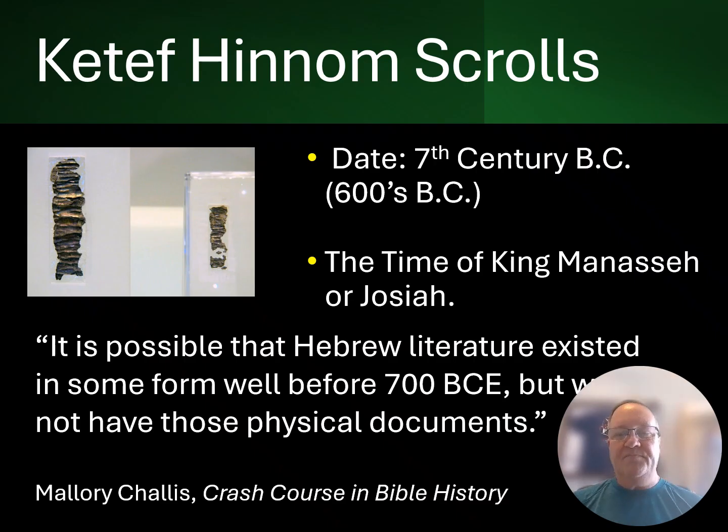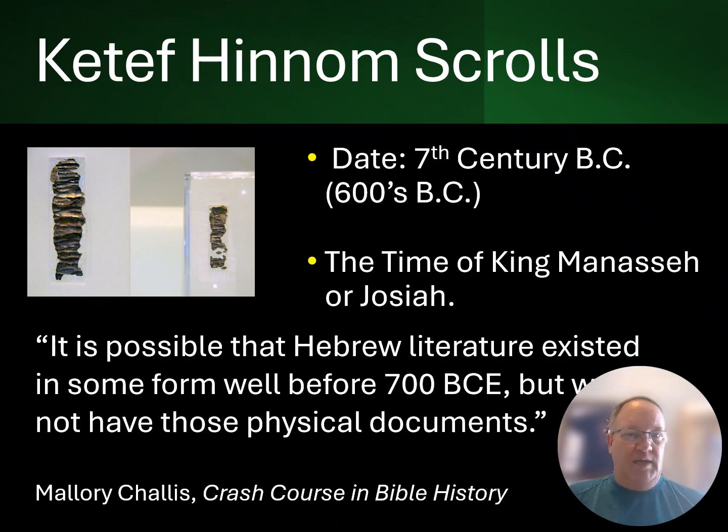Now, the next one that we're going to look at, the second oldest, we're going to see a long time span between the Ketef Hinnom scrolls and this next one. There's a period of what we might call silence when it comes to finding these physical copies.